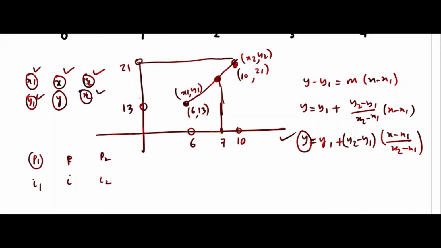Similarly, using P1, P2, I1, I2, P, these 5 we have to find I, and we use the formula. We write it similar to this one.